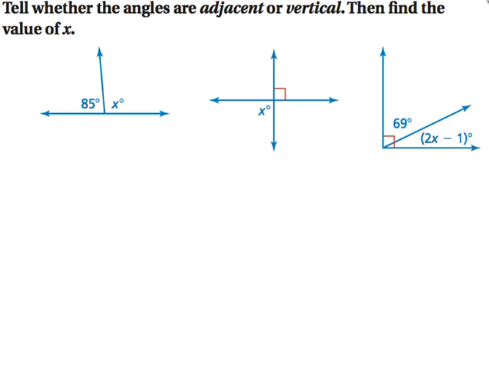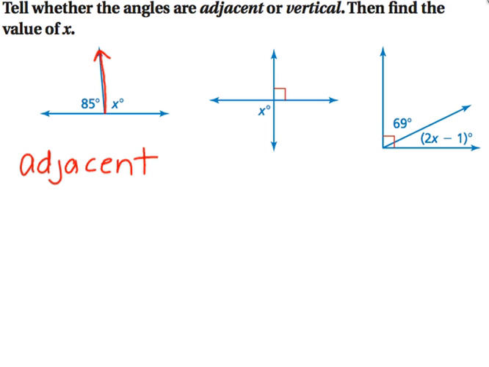All right, next, tell whether the angles are adjacent or vertical, and then find the value of x. So for the first one, these two share a common ray. So those are next to each other, so I'm going to write that those are adjacent. They also form a straight line, so they're also supplementary, but right now it's just asking about adjacent.